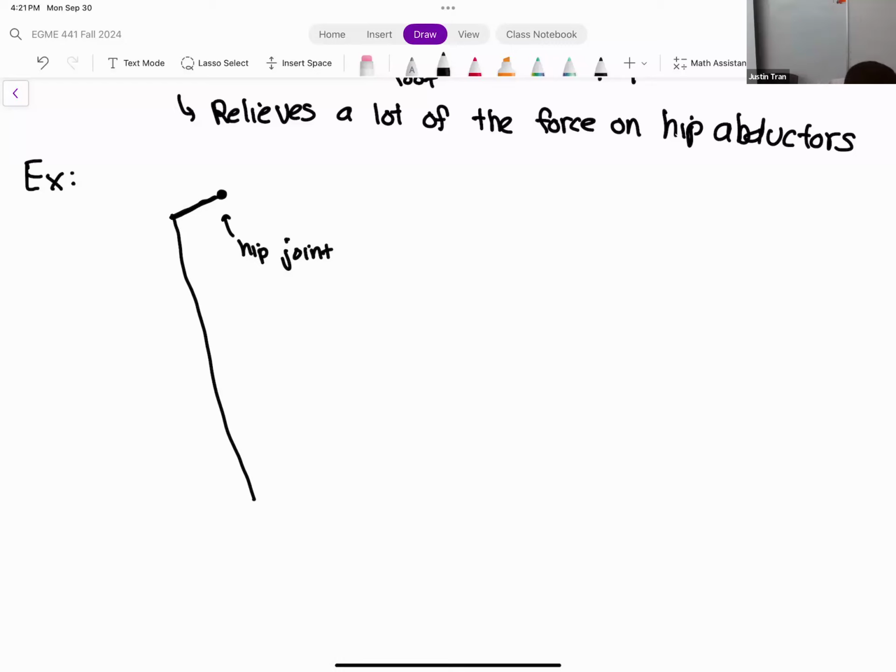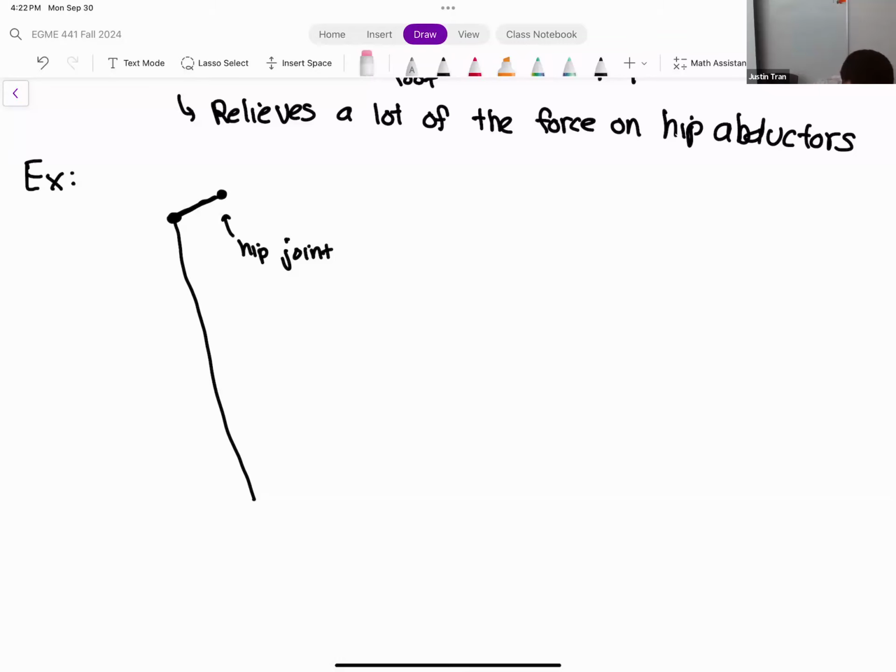So this little offset right here is purely just because of the femoral head. So this point right here would be the upper end of the thigh that you would associate with that. And then you have to travel a bit of distance in order to get to the hip joint. You don't have to write that femoral head, but I just want to let you know that that's what the offset is for.